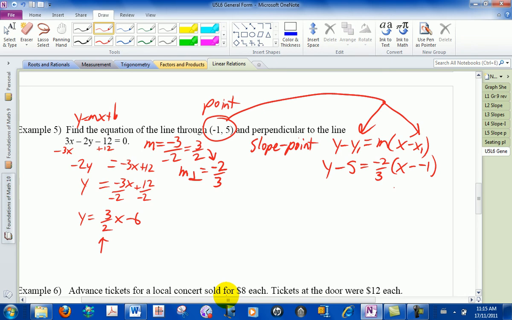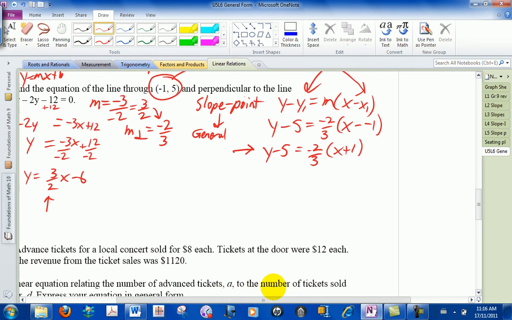All right, let's work through it. Now we have to change it to a general form. So y minus 5 equals negative 2/3 x plus 1. I'll fix that sign up. A lot of you, I hope, went straight to that. That'd be great if you could see that you're subtracting a negative. That's strong stuff.